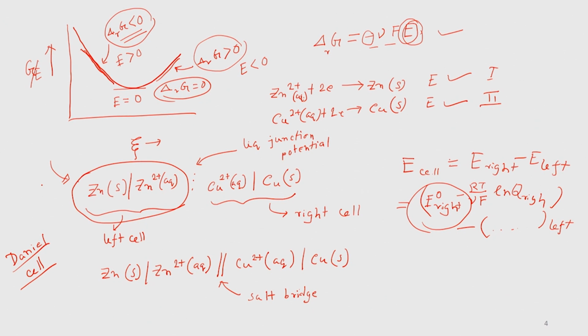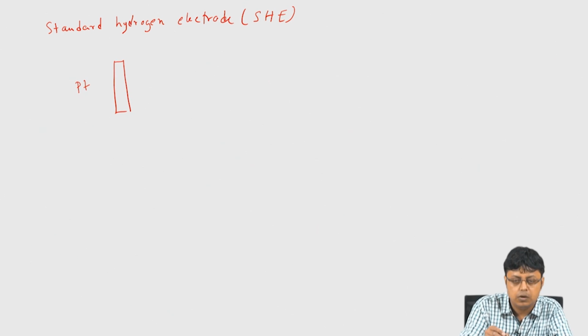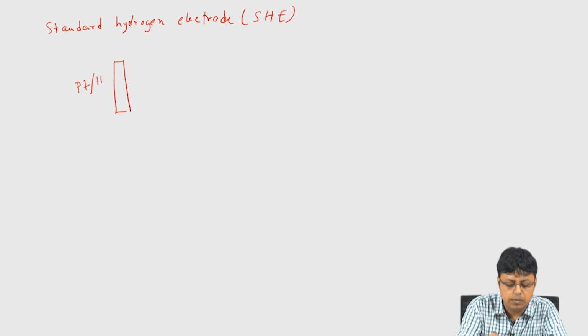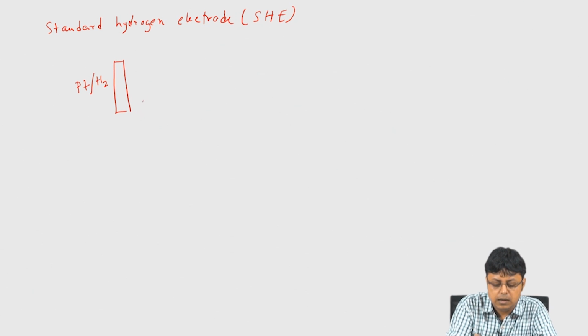So, for that what we do is that we always take a reference, and this reference usually is known as the standard hydrogen electrode, SHE, where there is a platinum metal on which hydrogen gas is adsorbed, and then there are also protons in aqueous solution.